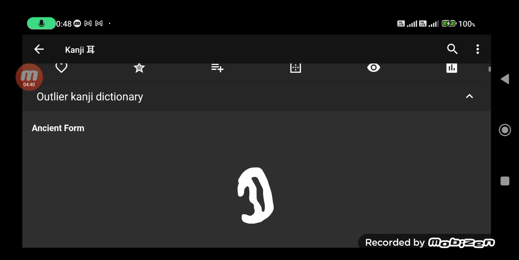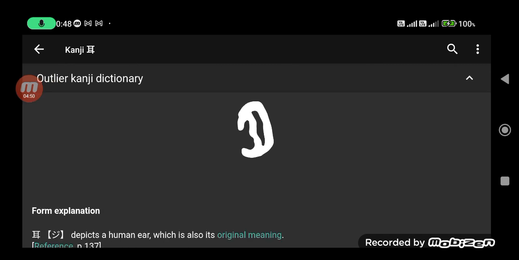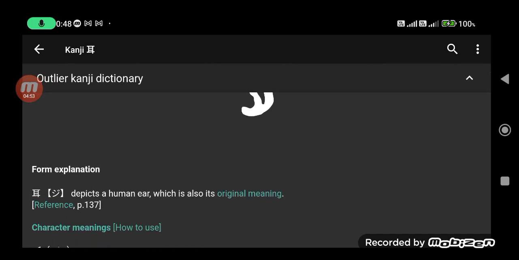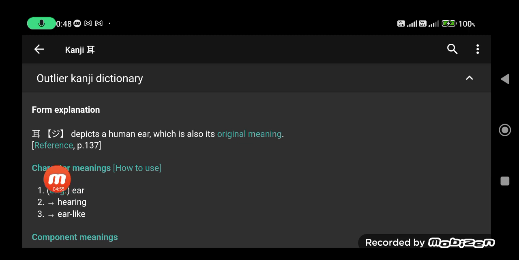Well, let's have the origin. The ancient form is right here. It looks like an ear, and of course it originated from the Shang dynasty. Form explanation: our subject kanji, which is also a radical and a component, with an onyomi of Ji, depicts the human ear, which is also its original meaning, ear.